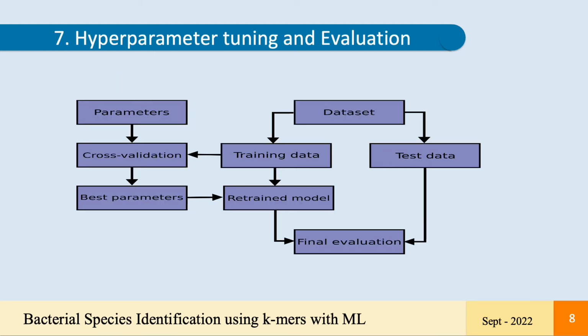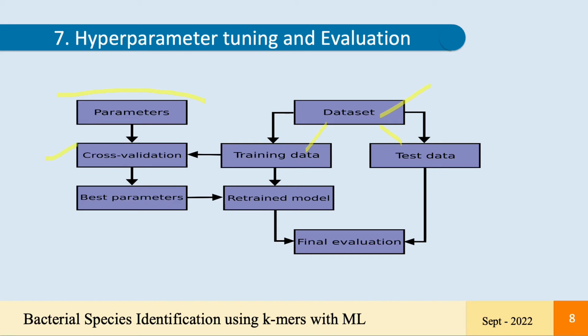After data preprocessing, I have divided the dataset into a training dataset and a testing dataset, 75% and 25% respectively. Then for each of the machine learning models, I have performed hyperparameter tuning. For that, I have defined the range of values for each of the hyperparameters.